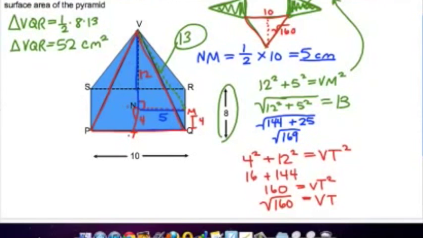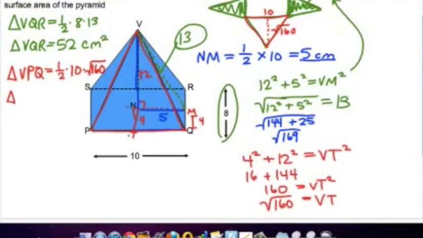All right, now I need to find the area of that triangle. So the area of triangle VPQ is 1/2 base times height, 1/2, and the base, now we're looking at a base of 10 and a height of the square root of 160.